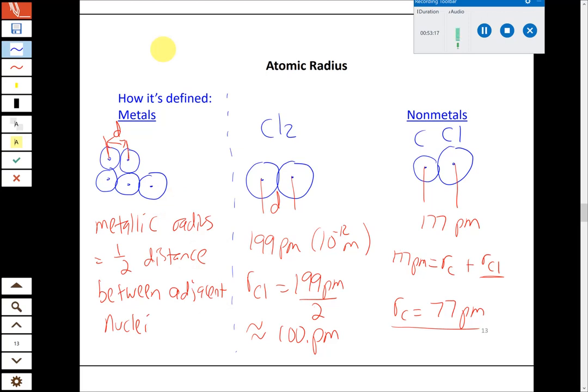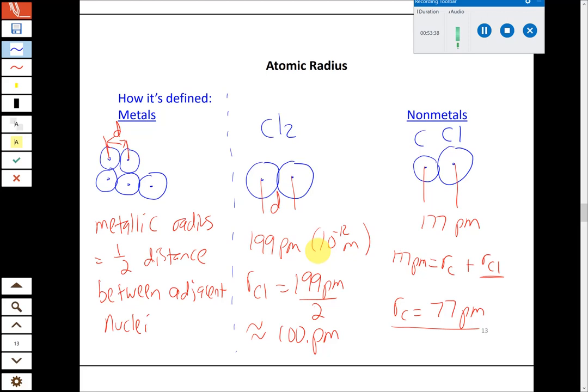That's an experimentally determined number. So you would use a technique called X-ray diffraction or something similar to basically measure that number experimentally, and then you divide it by 2 to get the radius of a single chlorine atom. That number's not on the periodic table.